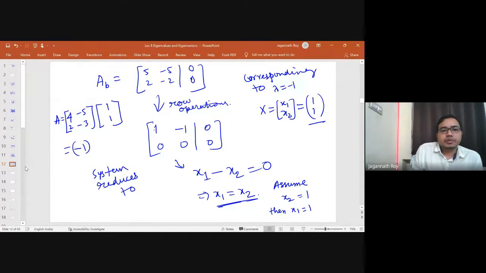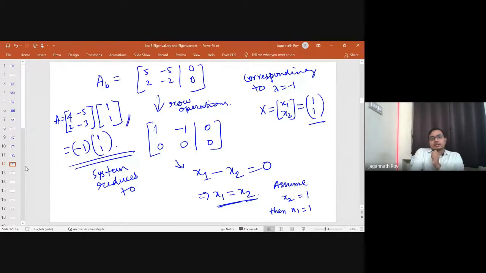Definitely it is going to be of this form, since we have found this is an eigenvector corresponding to this lambda value. So this is satisfying. You can also verify Ax equals minus 1 times x. So minus 1 is the lambda value here.